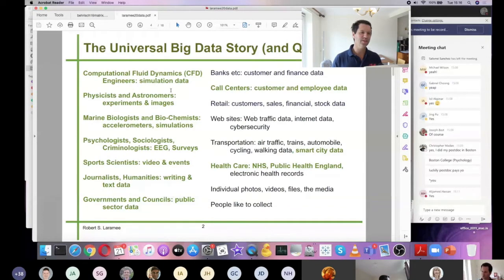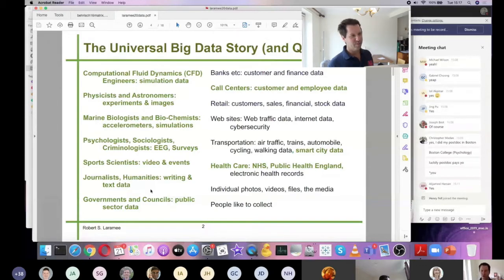Sports scientists, their data is video. They record sporting events, and afterwards they watch the videos to try to extract information from them. That's a form of data. We can also look at text, like the journalists and the humanities. Everything that's written down can be considered a data set. So you walk into a library.